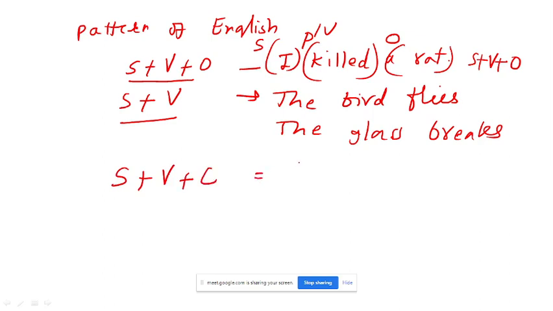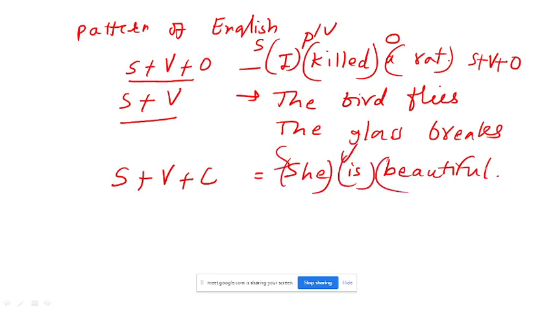For example, she is beautiful. So here subject, verb, and beautiful, this is an adjective, it functions as complement.